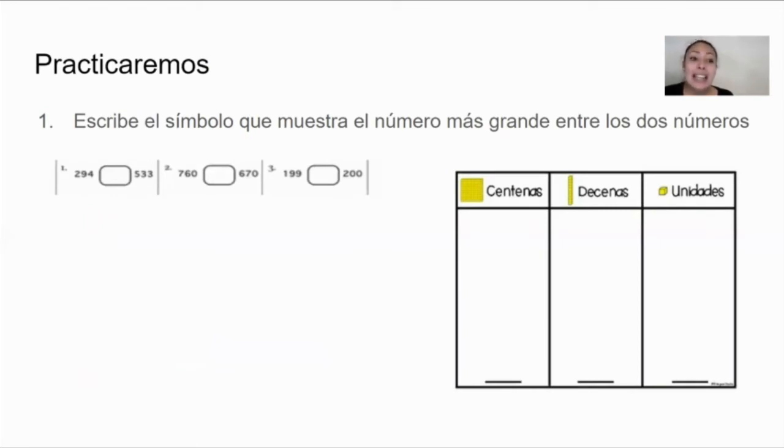Ahora vamos a practicar. Vamos a escribir el símbolo que muestra el número más grande entre los dos números. Aquí es importante recordarse que queremos el número más grande. Aquí tengo mi tabla que muestra mis centenas, decenas y unidades.